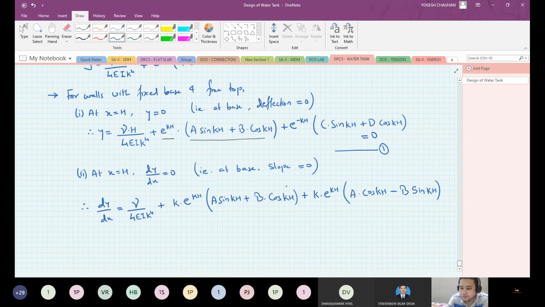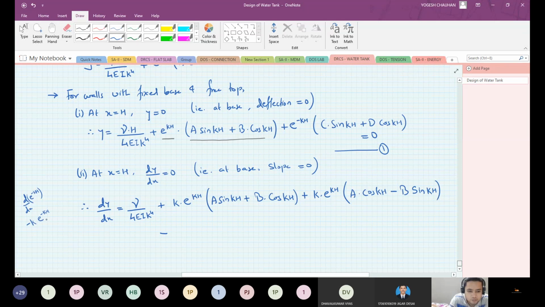Okay, then minus the second term. When you differentiate e raised to the power minus kh, it will be minus k times e raised to the power minus kh.